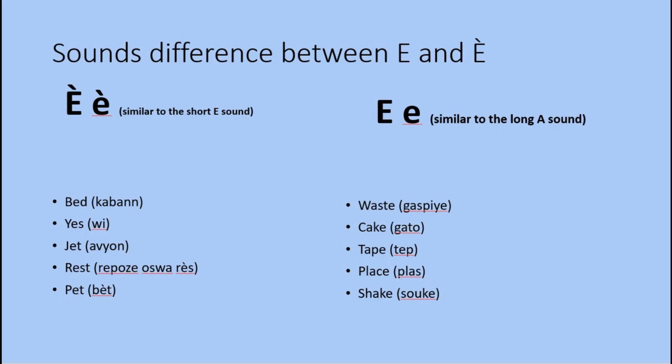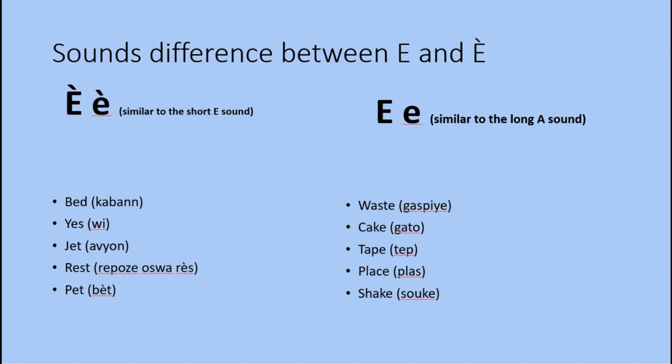So anytime you see the letter E with the grave accent or the Aksan Fòs in Creole, the sound of the E is similar to the short E sound in English. So you would have bed, right? Bed is kabann.